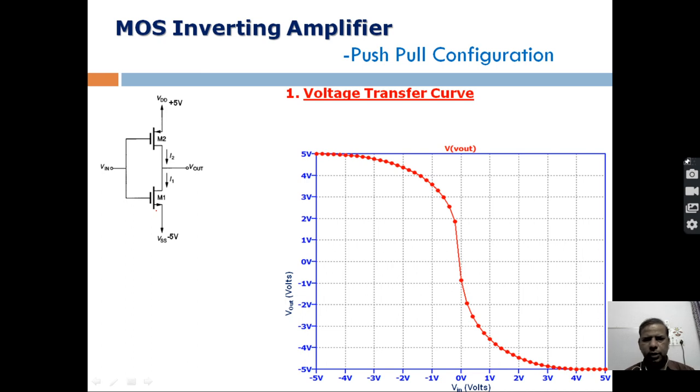In this case, when the input is -5, the most negative, the potential difference between these two terminals is almost 0, so this device is almost in the off state. And when this is -5 and this is +5, the potential difference is very high, and because of that this device offers very low resistance, and the output is very close to VDD.